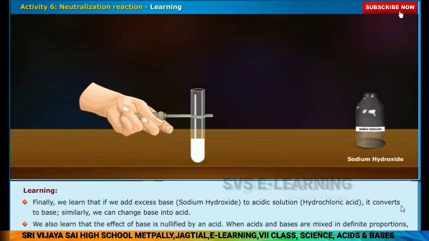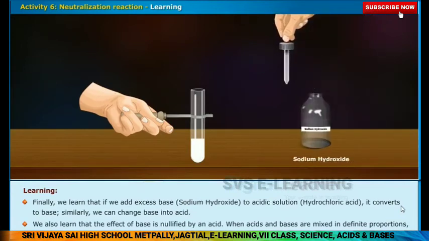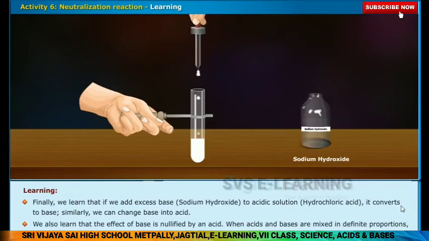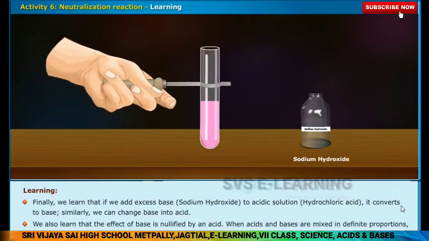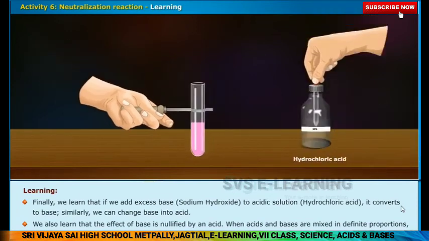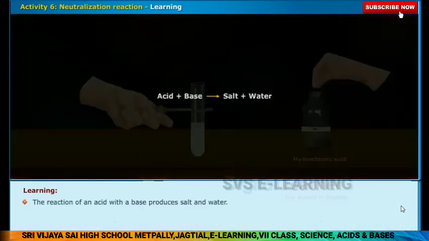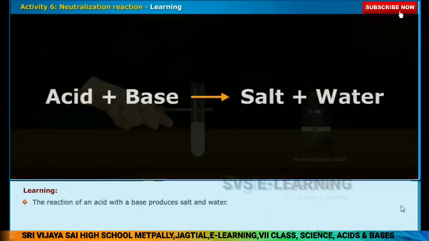When acids and bases are mixed in definite proportions, they give a neutral solution. The reaction of an acid with a base produces salt and water.